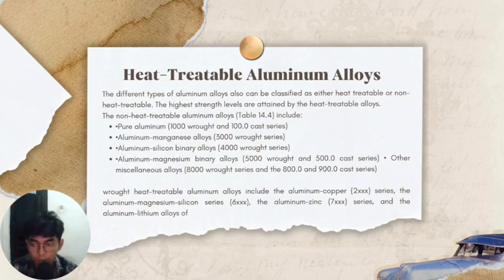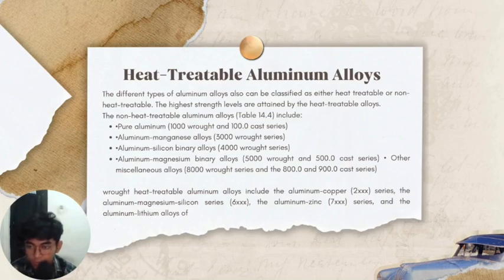Wrought heat treatable aluminum alloys include the aluminum copper series, the aluminum magnesium silicon series, the aluminum zinc series, and the aluminum lithium alloy series. The alloys exceed the higher level of static tensile strength, but with less of an improvement in fatigue and endurance.